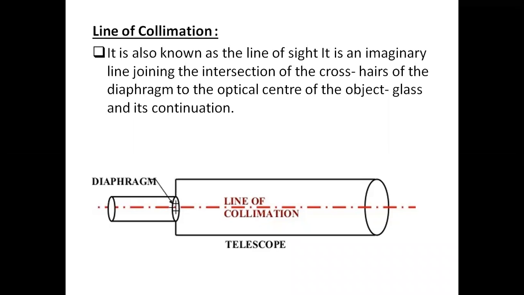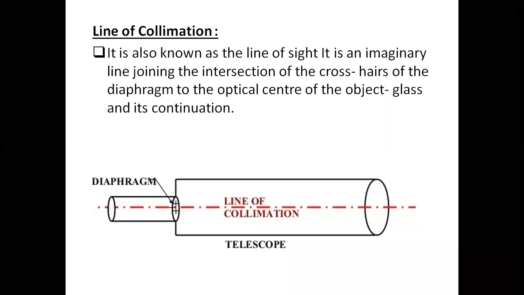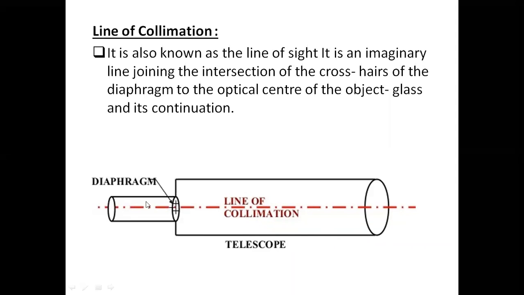So the line of collimation is known as the line of sight. It is an imaginary line joining the intersection of crosshairs of the diaphragm to the optical center of the object glass and its continuation. Means joining of these two points. These two end points make the line of collimation.